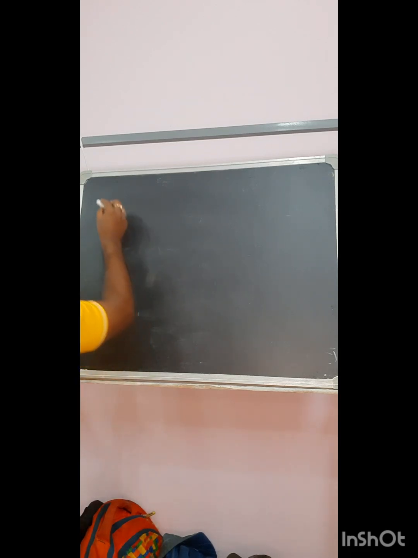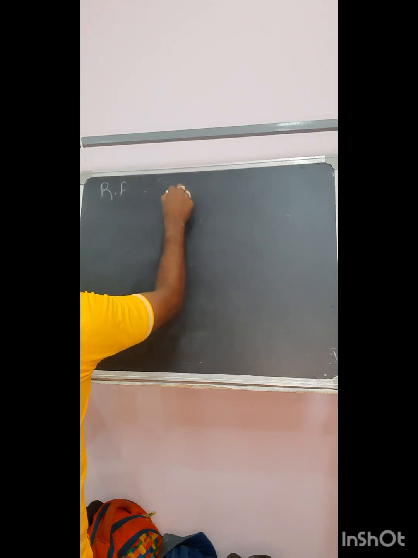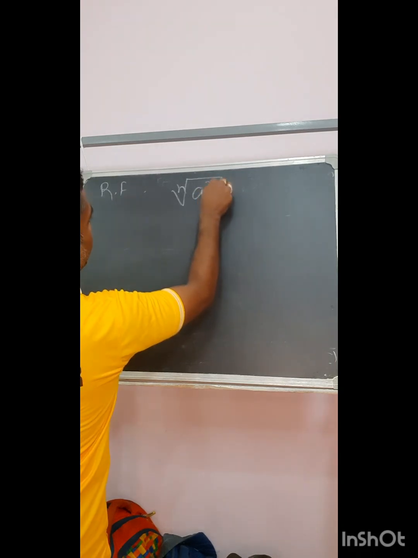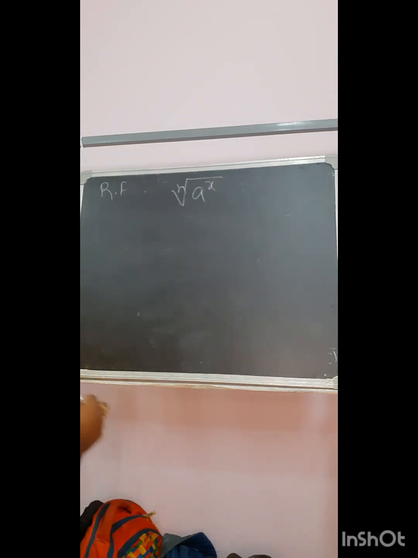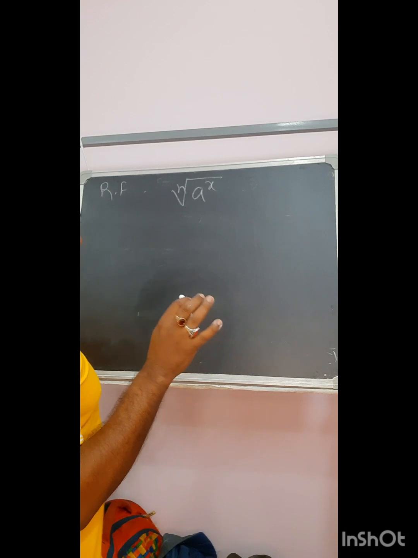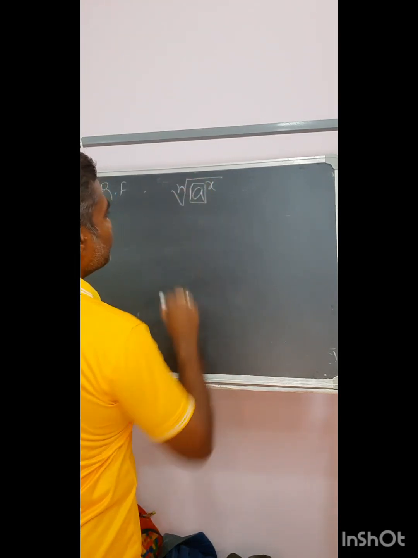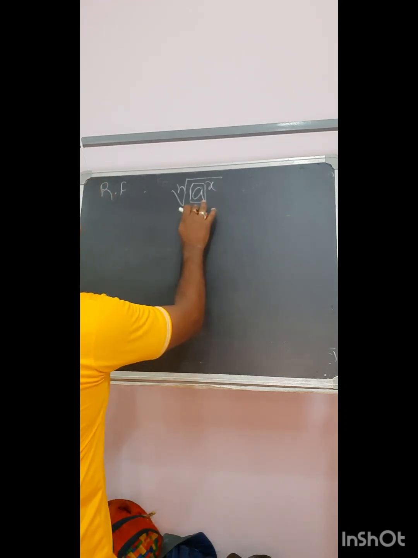Coming to the next problem, find the rationalizing factor of nth root of a to the power x. Now the simplest one is, I told already, just see the number inside the surd, the rational number.